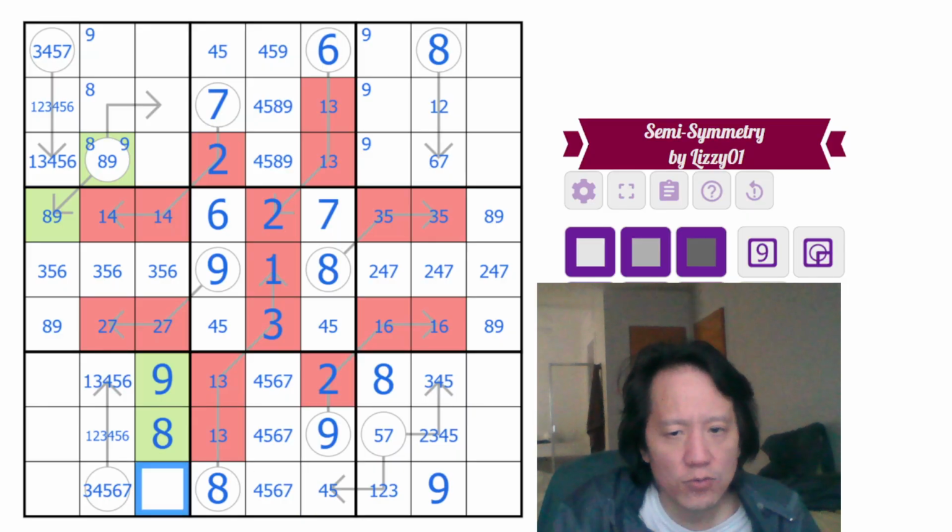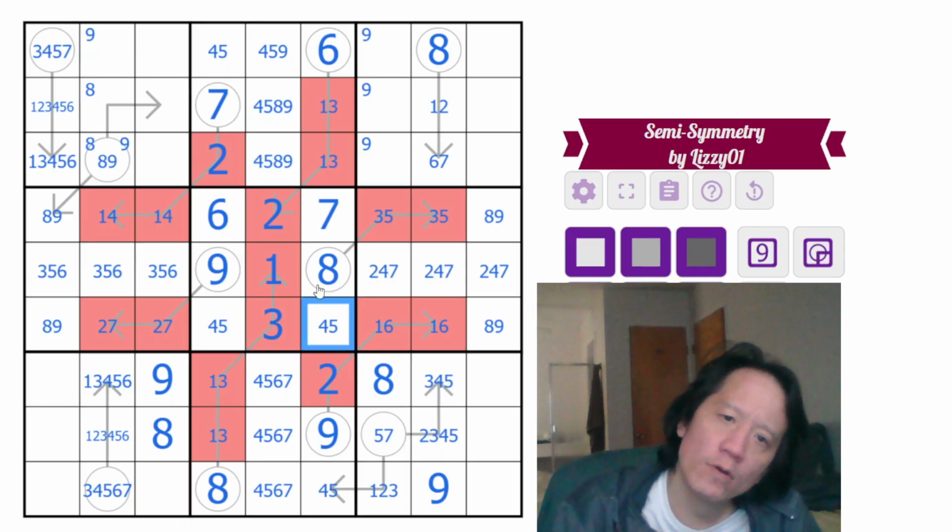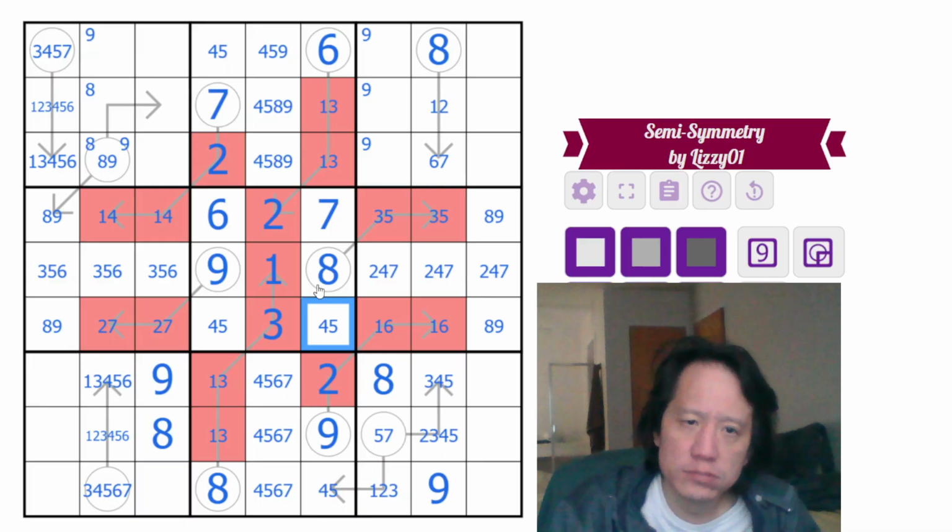So this can't be green. Doesn't really tell us very much, but... Let's see. Hmm.